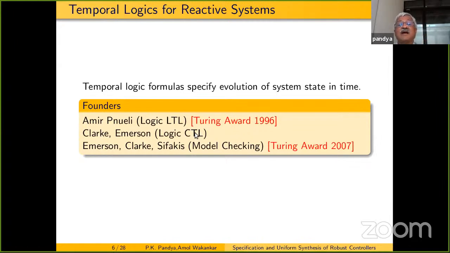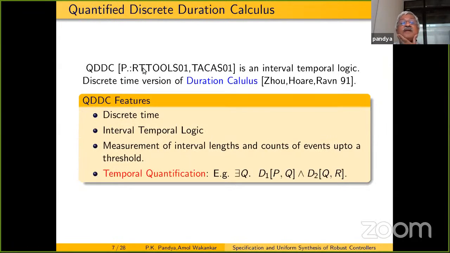Now, LTL and CTL are the dominant market brands of temporal logics. There is an extension of this called PSL Sugar, which is an IEEE standard used by most of the hardware industry. But foolishly, we decided to use a different, homegrown variety of logic to specify things. Well, it's not as foolish.